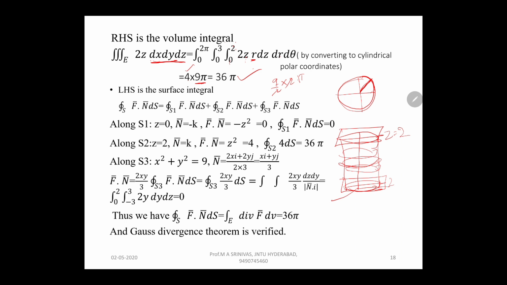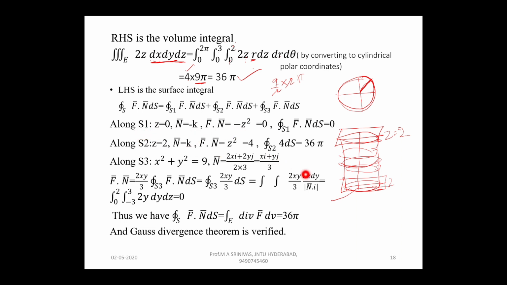If you know the surface, how do you find the normal vector? In our fourth unit, you learned that once a surface equation is known, then by finding its gradient, you will get the normal vector. So we use that here. This S is a combination of three surfaces. One is S1, which is z is equal to 0, surface S2, which is z is equal to 2, and surface S3, which is the curved surface.